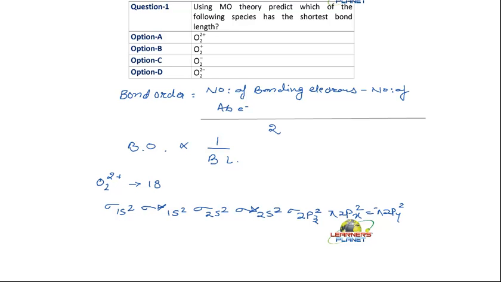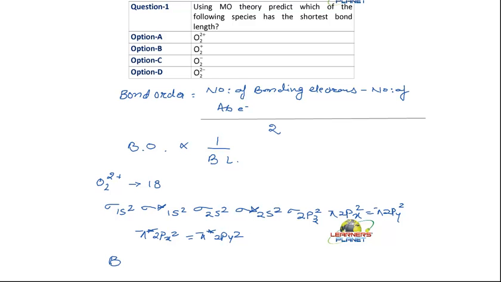Then, is there 18 now? 2, 4, 6, 8, 10, 12, 14, right? And then pi anti-bonding 2px2 equal to pi anti-bonding 2py2. So it is 2, 4, 6, 8, 10, 12, 14, 16 and 18. Now we have got 18 electrons, right?